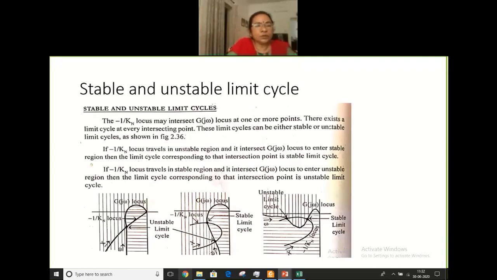Okay. Now in this figure you see multiple limit cycles. You can say this one is a stable limit cycle. You see that the minus 1 by kn locus, this one travels from the unstable region and enters this stable region.